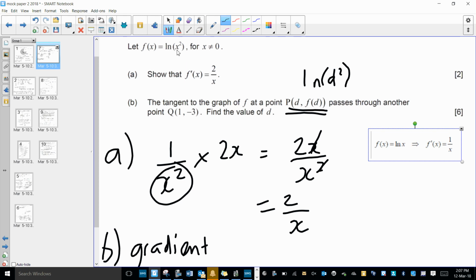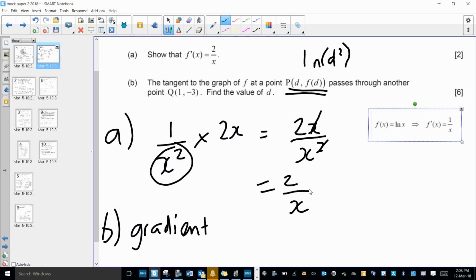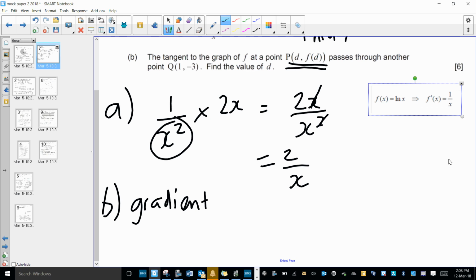So that's told me what this y coordinate is. We know that the derivative tells us the gradient of the graph. So at this point P, our x value is d, so the gradient is going to be 2 over d. So what we would say is that our equation is y equals 2 over d x plus c.